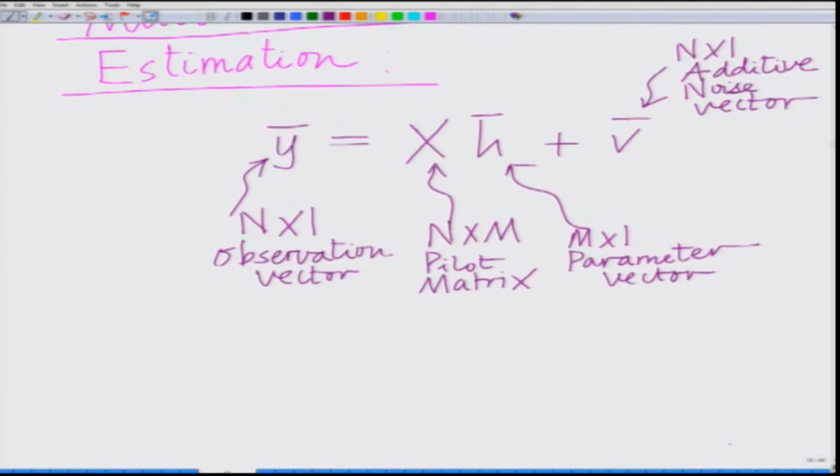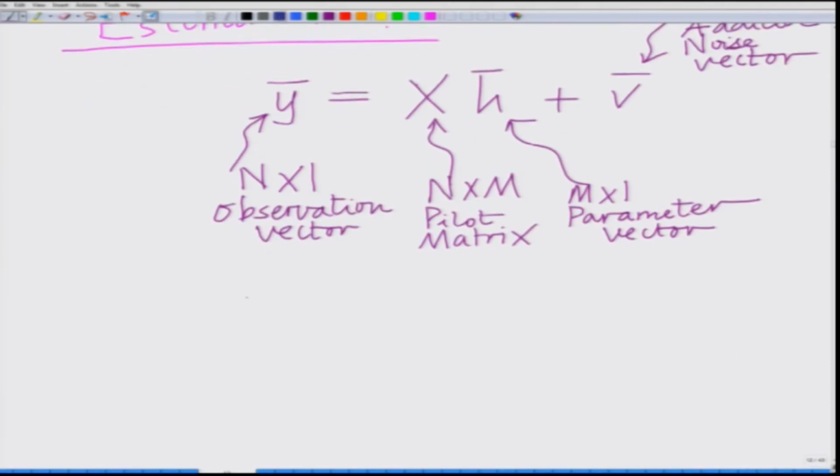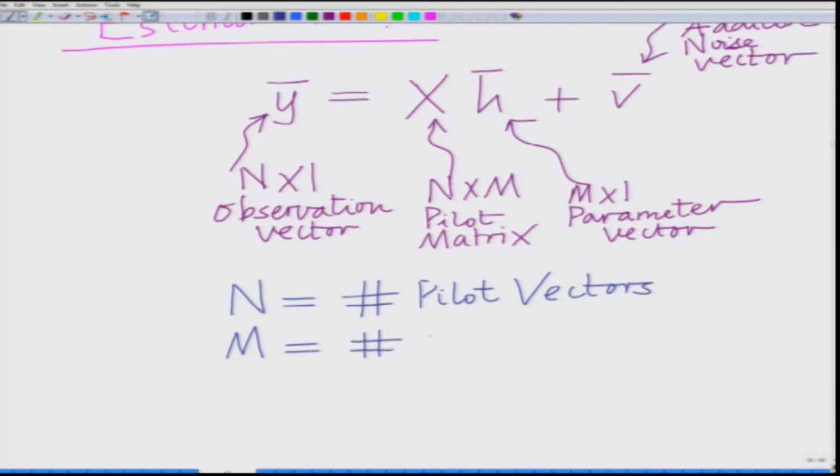Now if you look at it, what is N? Let us recall these quantities also. N equals the number of pilot vectors transmitted in the downlink by the base station. Remember, we are considering a downlink channel estimation scenario where N is the number of pilot vectors, and M is the number of transmit antennas.